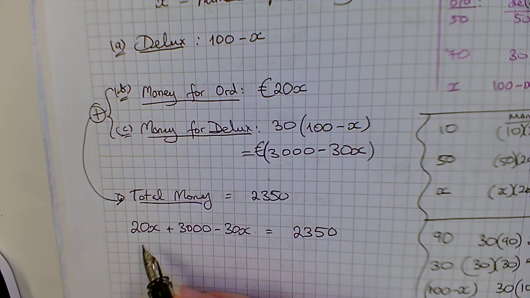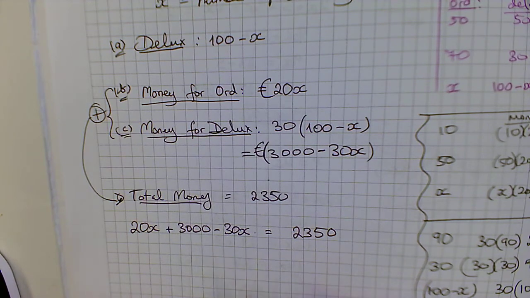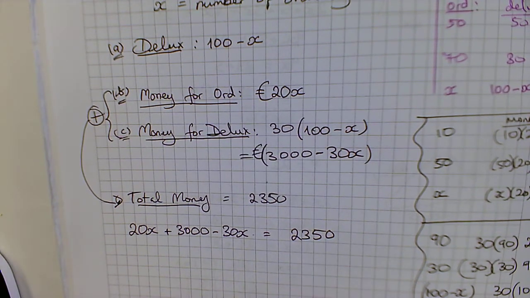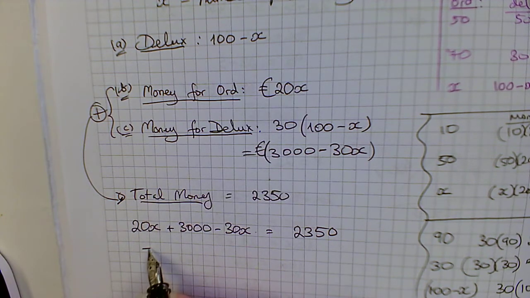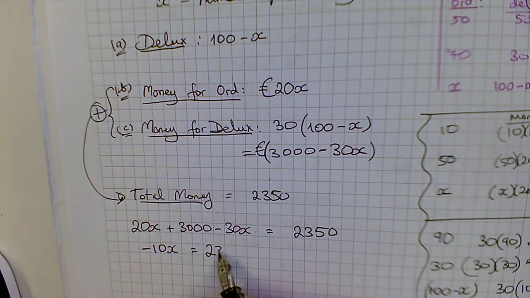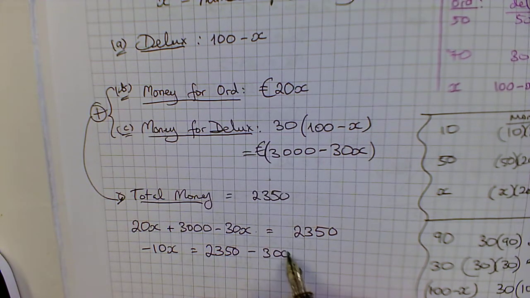So I'm adding the money from the ordinary seats and the money from the deluxe seats together, and I get 2,350. Like terms, 20 take 30 is minus 10 equals 2,350 minus 3,000.